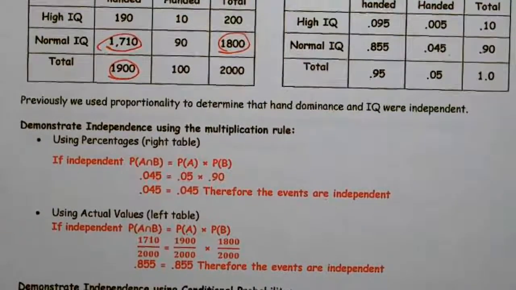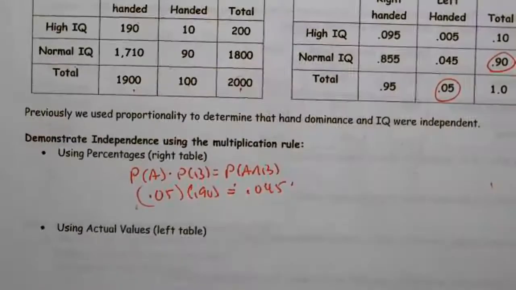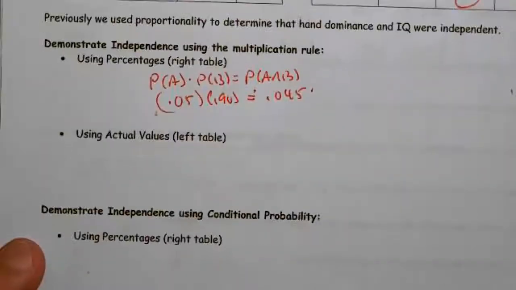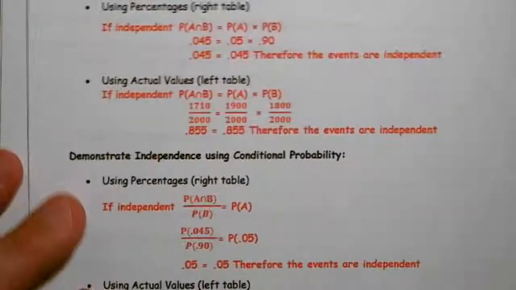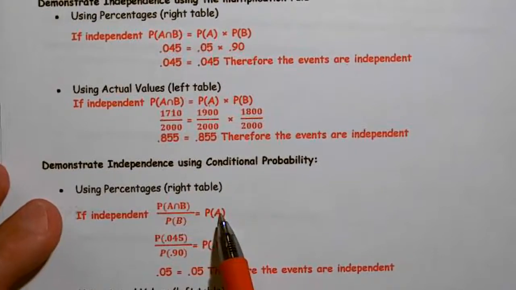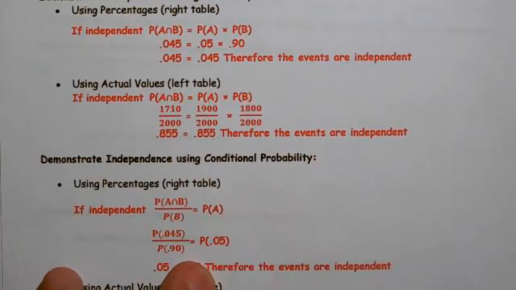The next thing says, demonstrate using conditional probability. So we want to do the same thing using conditional probability. Remember, the probability of A and B equals the probability of A, but this is only true if independent. We can also add one other piece to this.